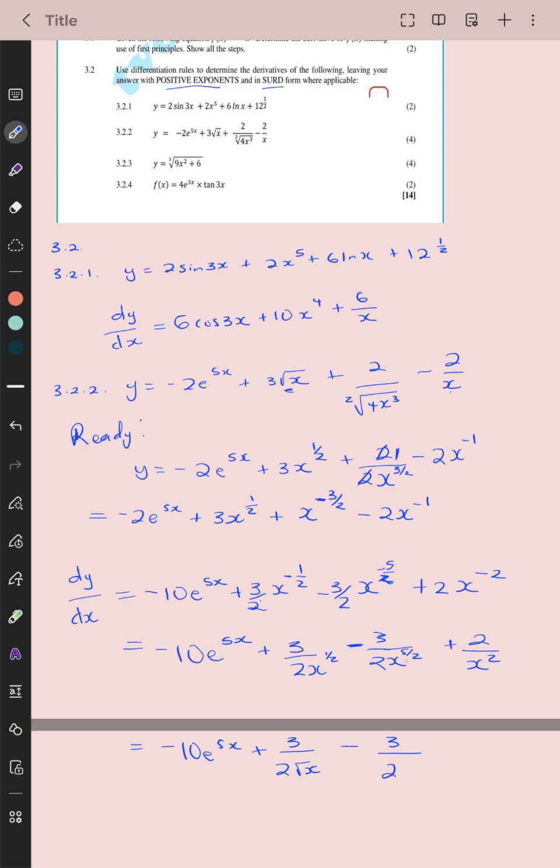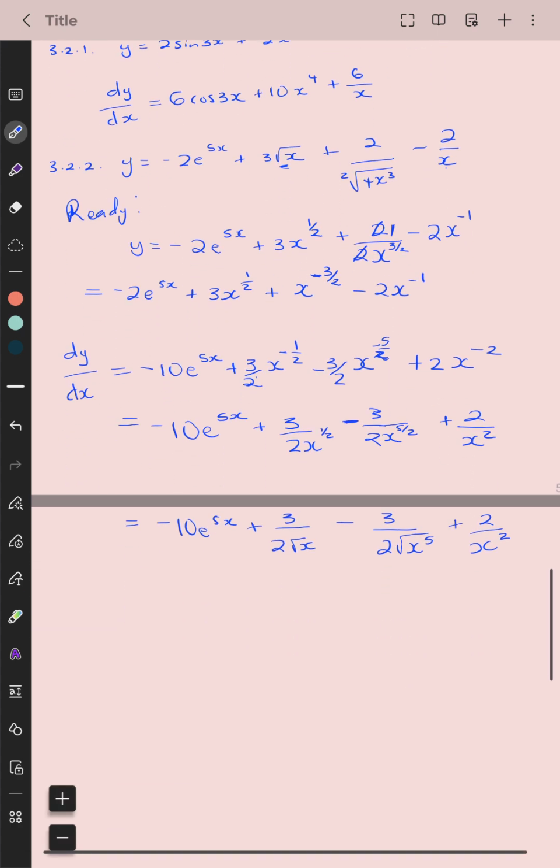Then it was, if it's over 2, you know it was the square root, and x power 5. Plus 2. This one is all right. It's not a surd because the exponent is not a fraction.